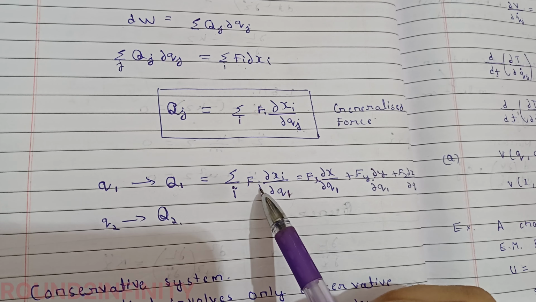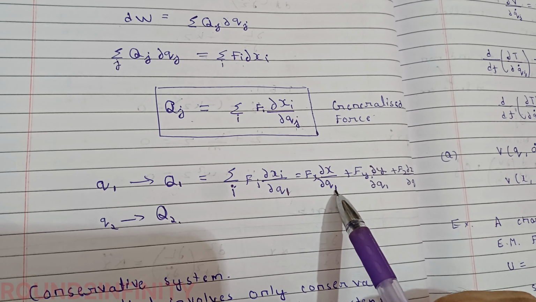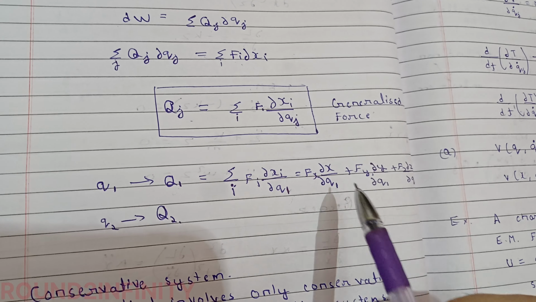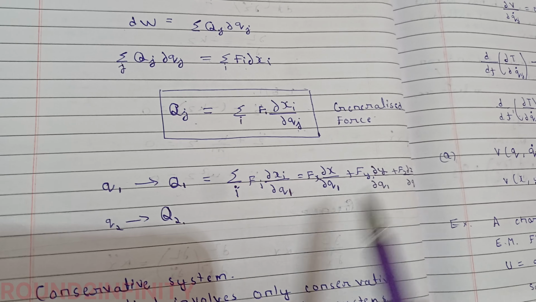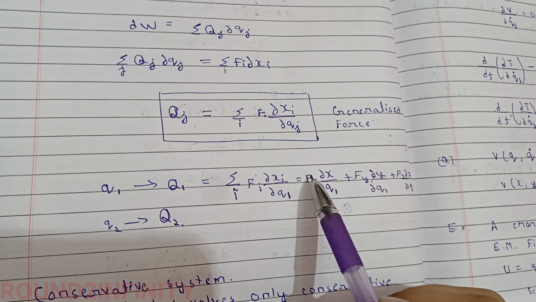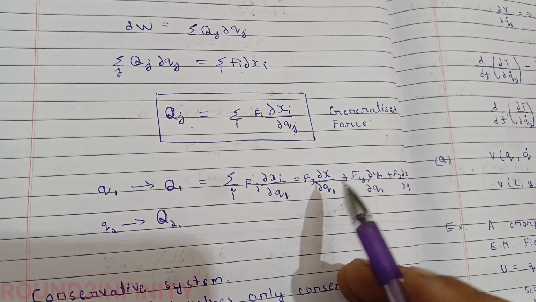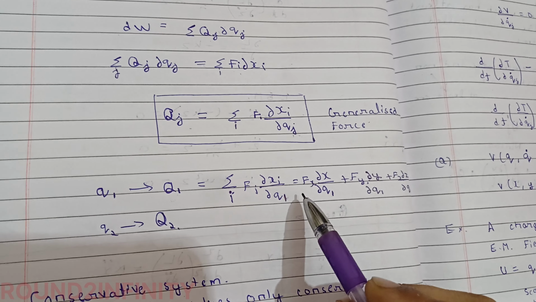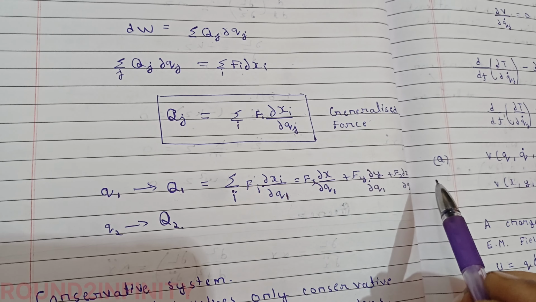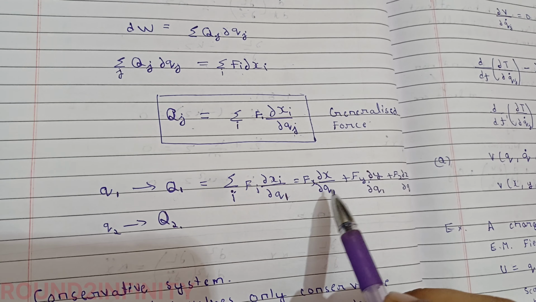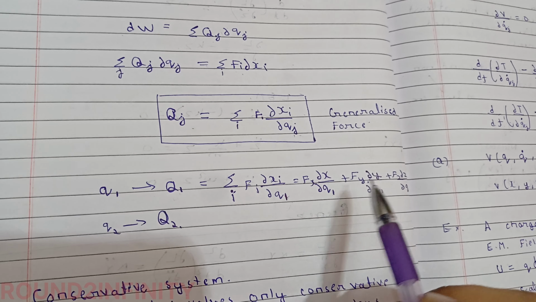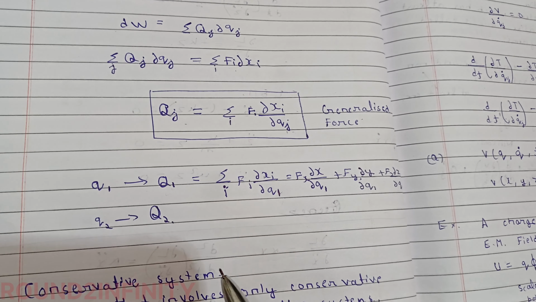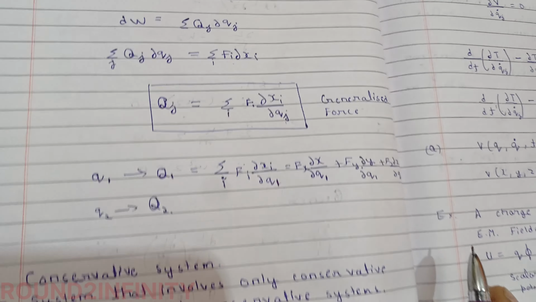It will be 1 here, and here del x del q1, and here also 1, here also 1, but here they will change to x, y, z. Now there can be force in terms of q1, q2 or q3 coordinates. All the generalized coordinates can give you force, Fx and the same del x, del y, del z, and then you differentiate them with respect to q1 and they will give you the force along q1. So I hope you understand this point.